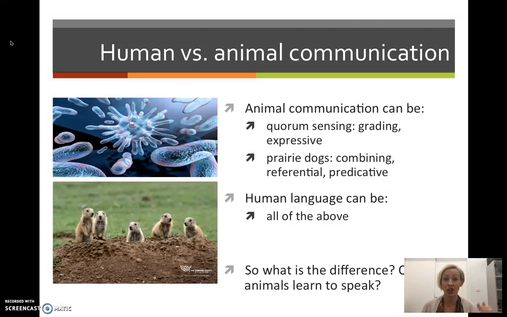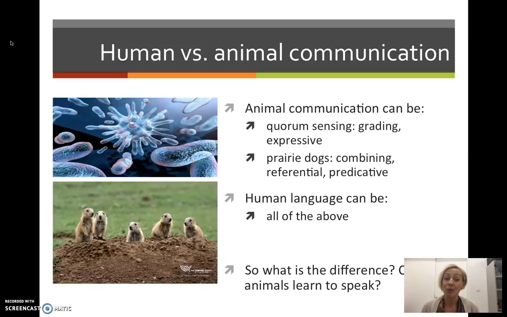But how much of it there is changes the meaning. And quorum sensing is also expressive, because the only message that the bacteria are conveying is basically, I'm here. They're not talking about politics or about the weather. They're only expressing the state of existence.